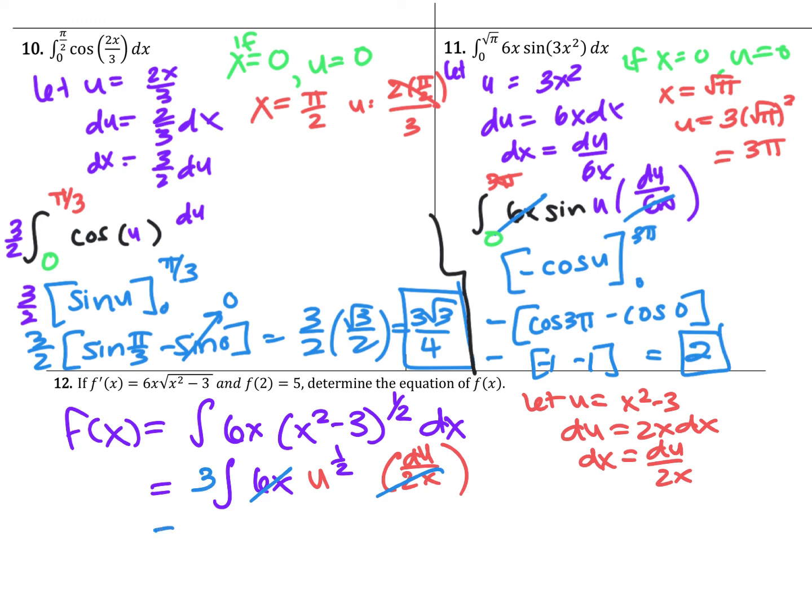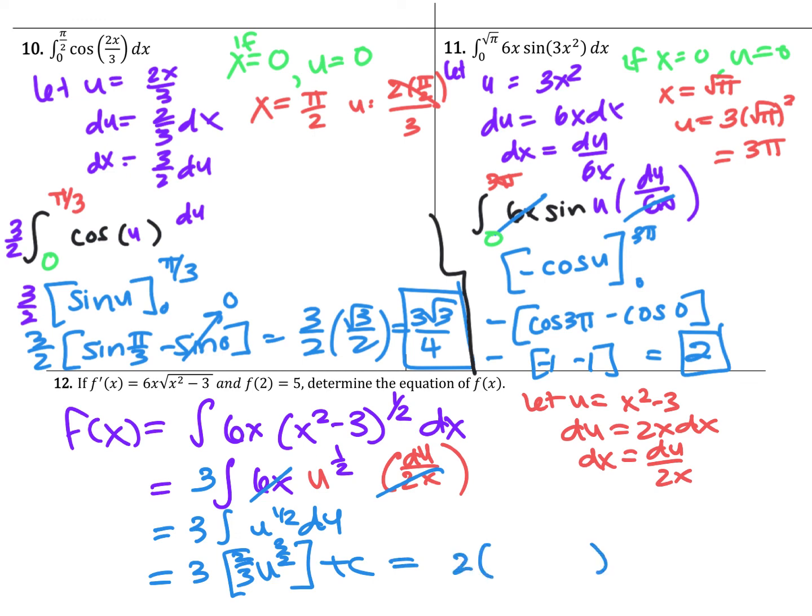So 3 times the integral of u to the 1/2 du, or 3 times u to the 3/2 times 2/3 plus c, which is going to be 2, and I'm going to plug u back in. That doesn't look much like anything. 2 times u, which was x squared minus 3, to the 3/2 power plus c.